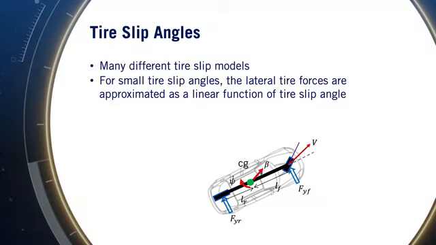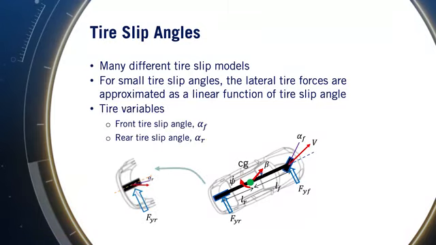This approximation is really only valid for small slip angles, and the tire forces are modeled as varying linearly with slip angles specifically. As we use the linear tire model in our control design, we must make sure to not exceed this small angle assumption by sticking to non-aggressive driving maneuvers.